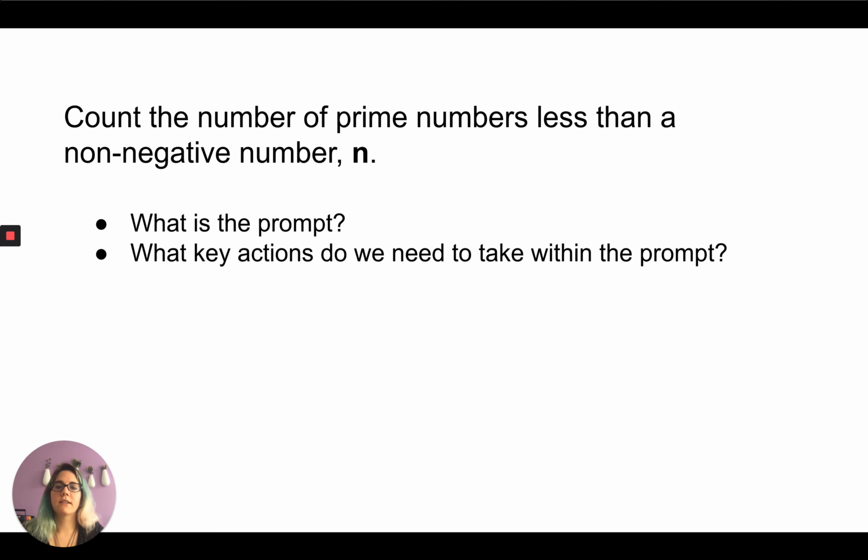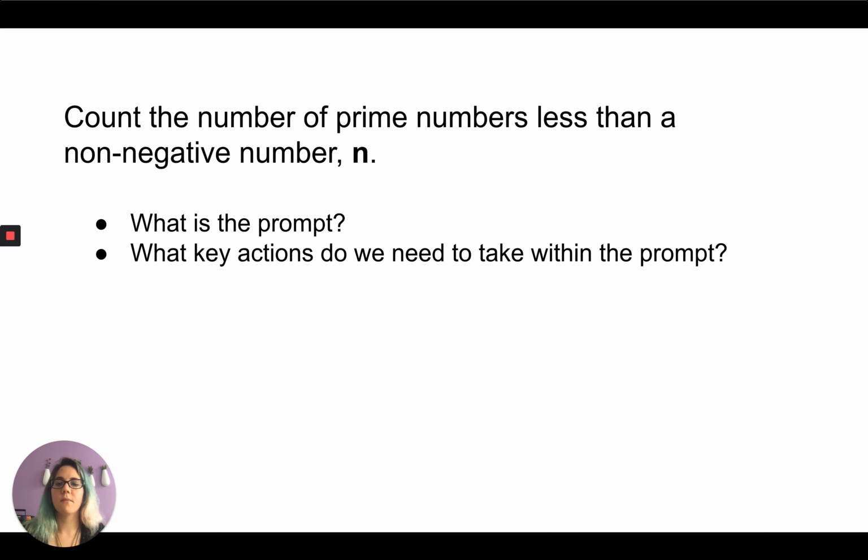The second question you should ask is, what are the key actions that we need to take? This translates to the return value, but often there is also a method described in a prompt, and so you need to understand what method you're supposed to use and what actions you're supposed to take. Now the key action here is counting.